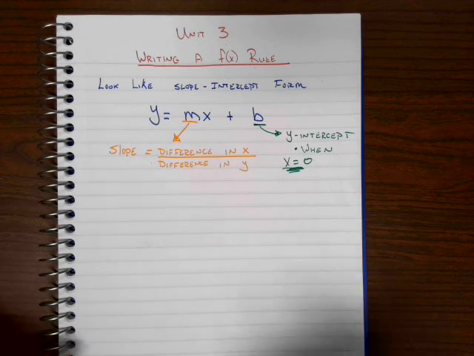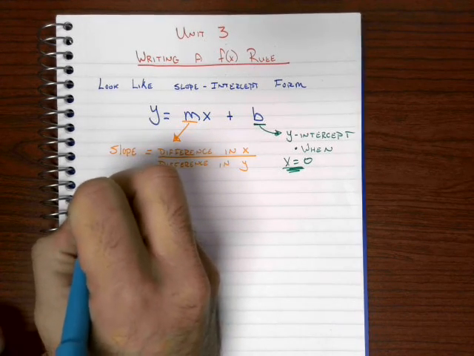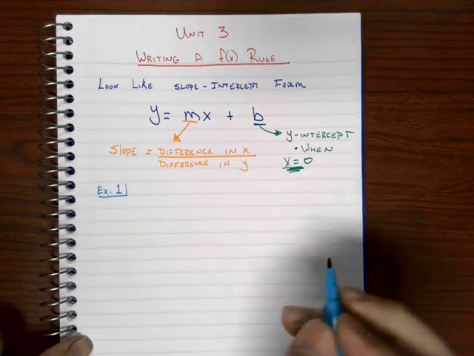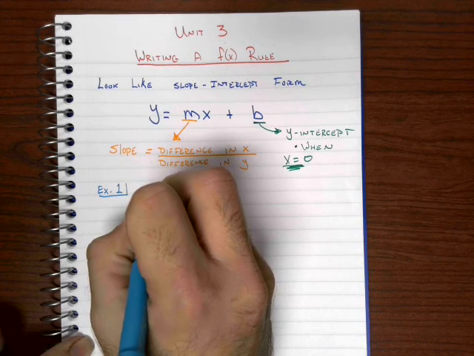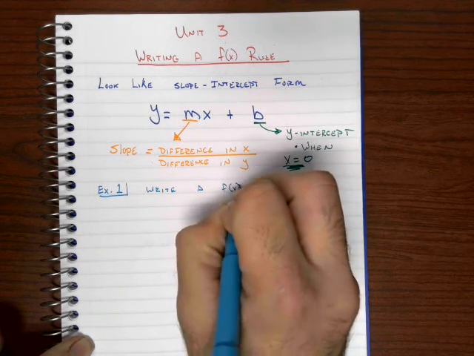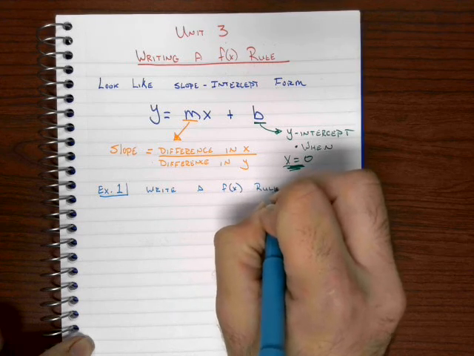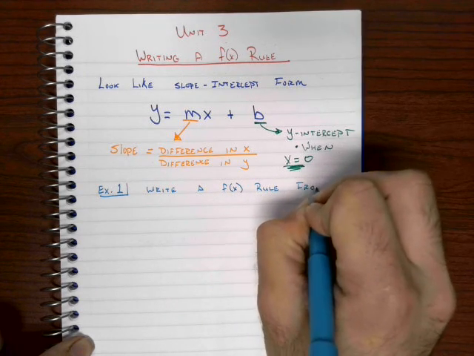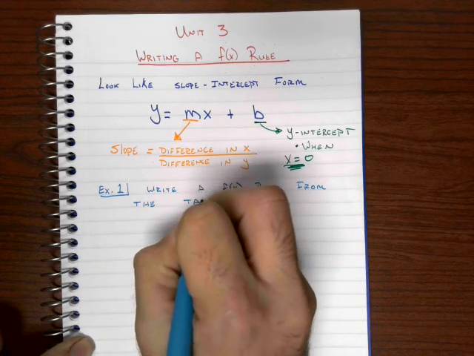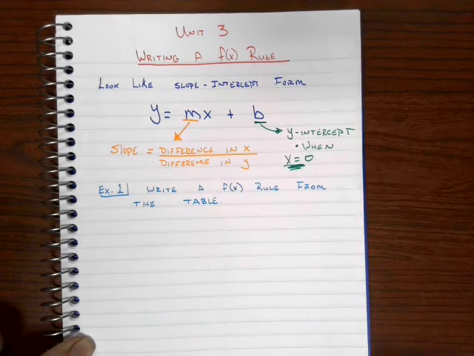So let's do an example here. Example 1. It's going to say write a function rule from the table. And it's going to have a table that looks like this.